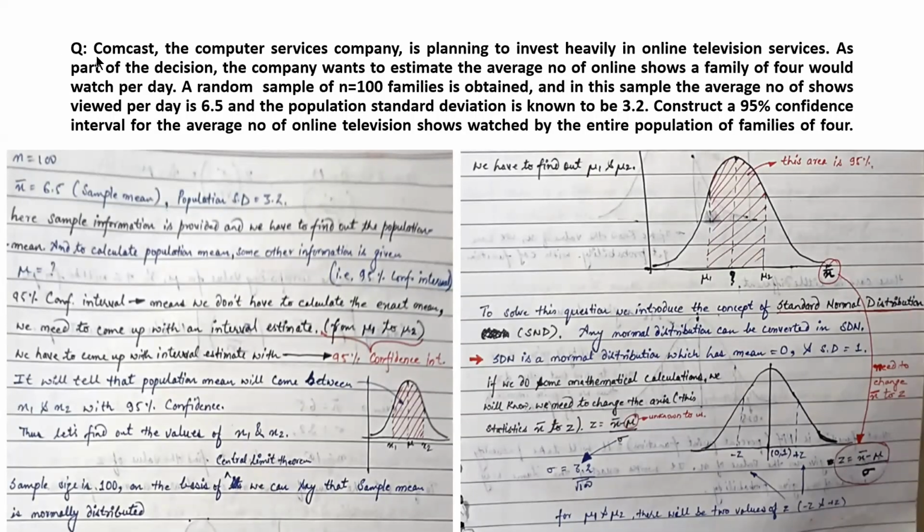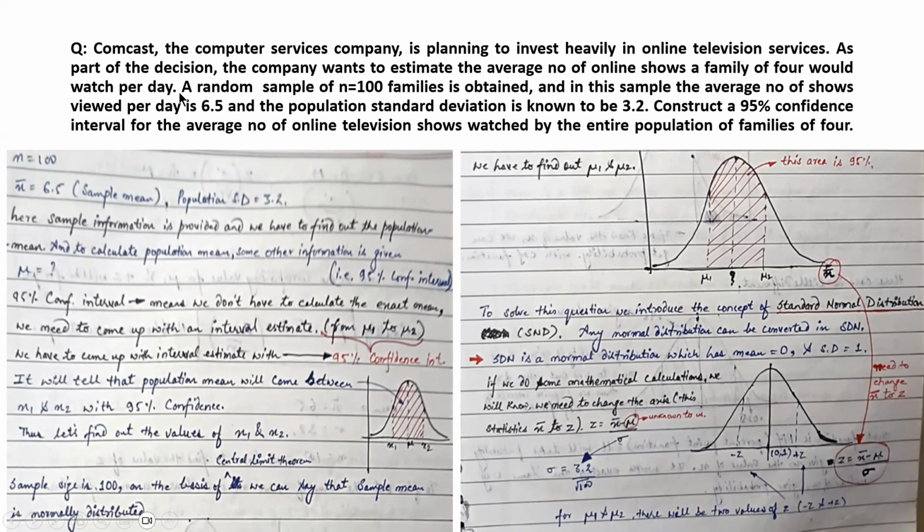Now see, Comcast, the computer services company, is trying to invest heavily in online television services. As part of the decision, the company wants to estimate the average number of online shows a family of four would watch per day.